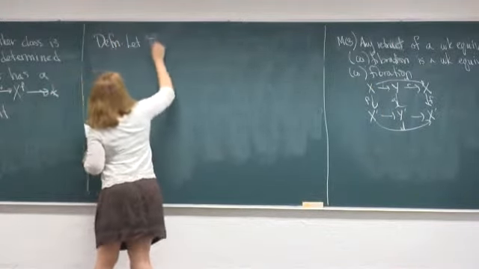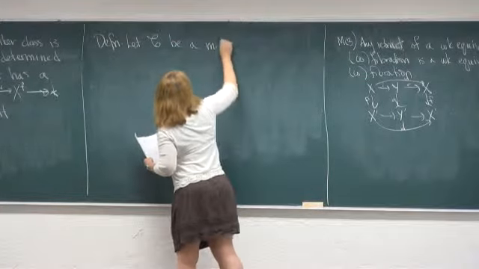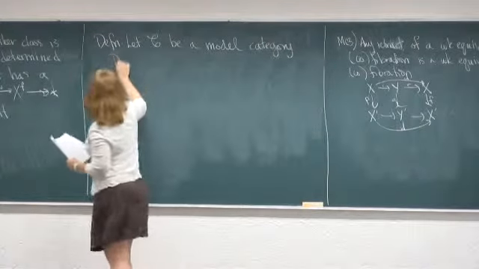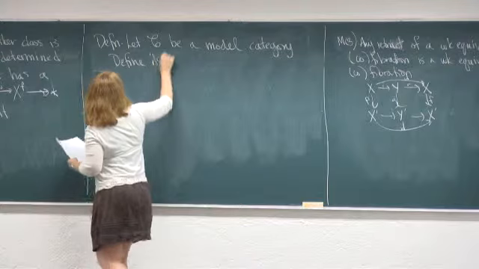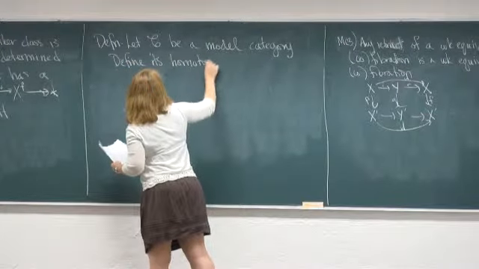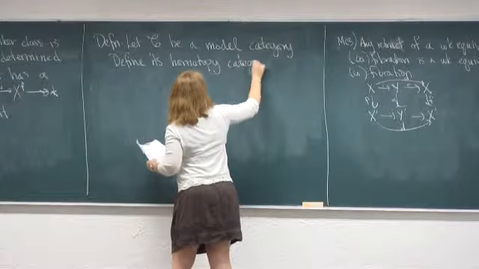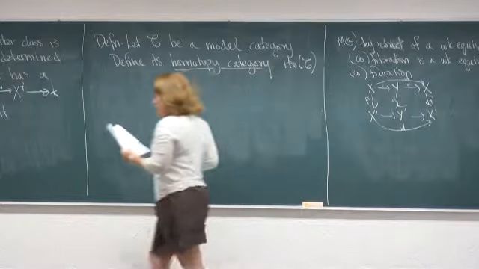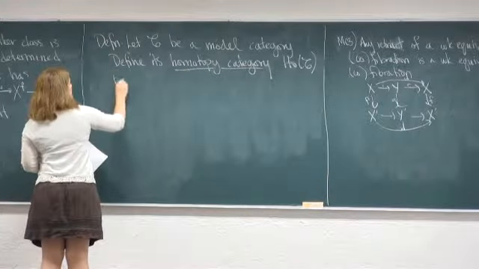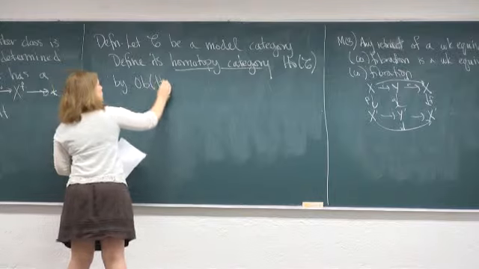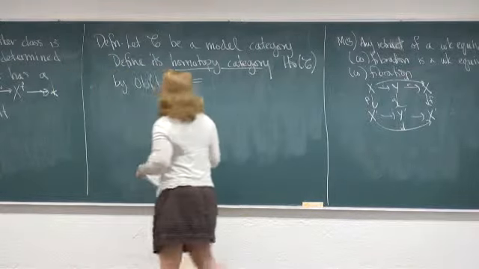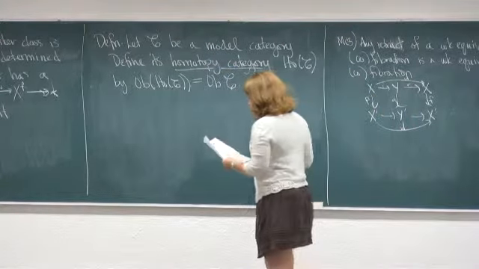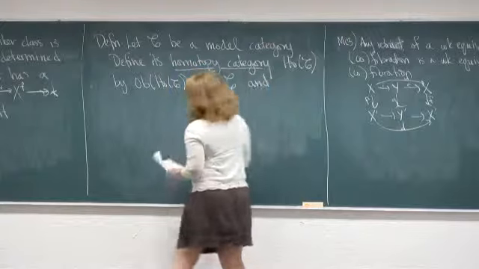So let C be a model category. Okay. Then define its homotopy category, Ho of C. So we're going to say that the objects of the homotopy category are just the same objects of the original C. And then I need to say what the morphisms are.